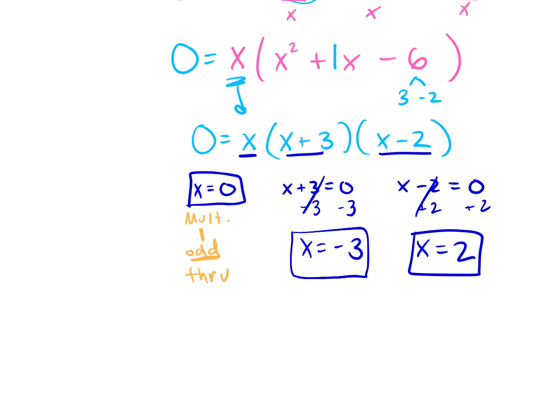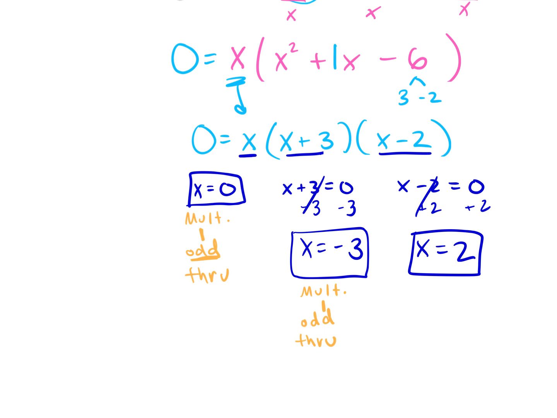Now let's look at the next one, negative 3. How many negative 3's do I have? 1. So I have a multiplicity of 1. Is 1 even or odd? Odd. If I have a multiplicity of an odd, do I touch and turn or go through? Go through.